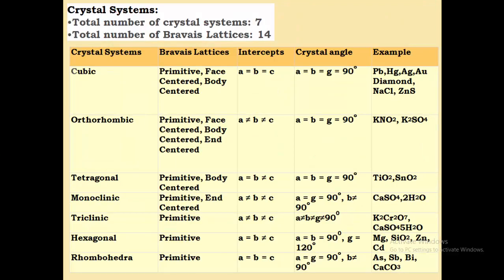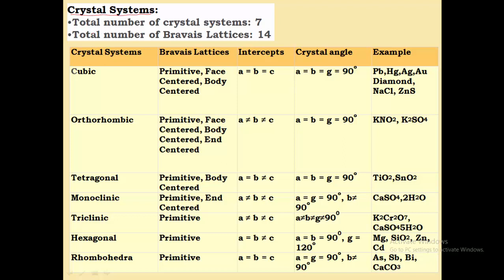Now, the next part in the solid state is crystal systems. Up to this, you have discussed some general characteristics and behaviors of crystalline solids. Now, the next topic is crystal system. Here you come across lattices.